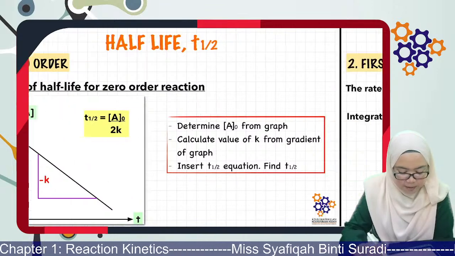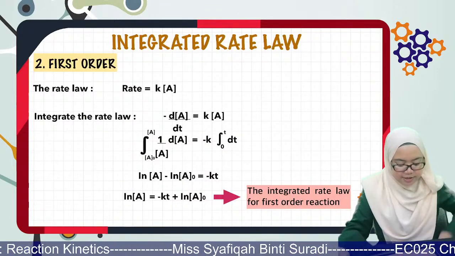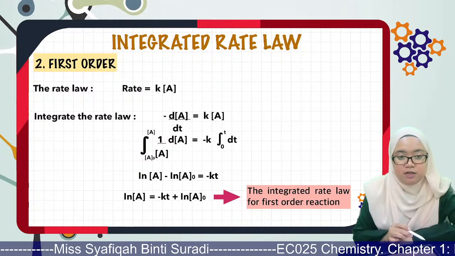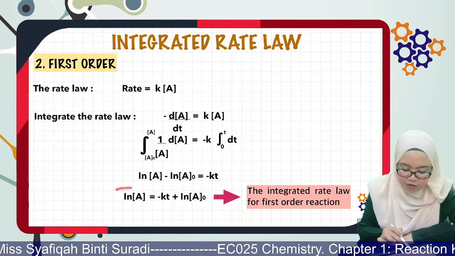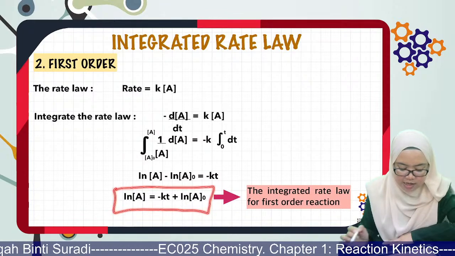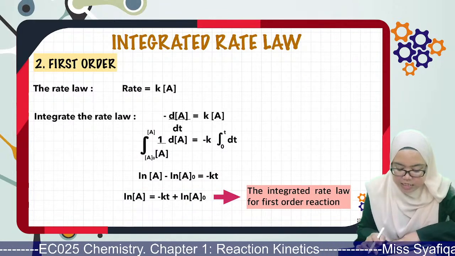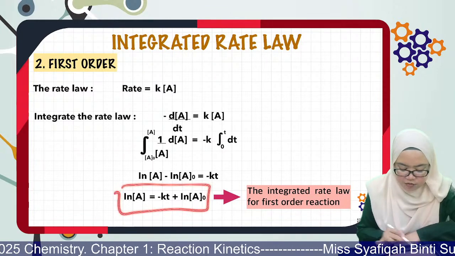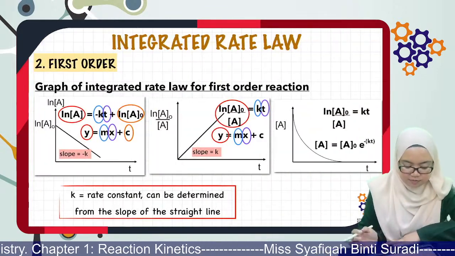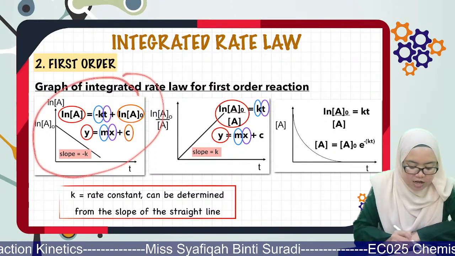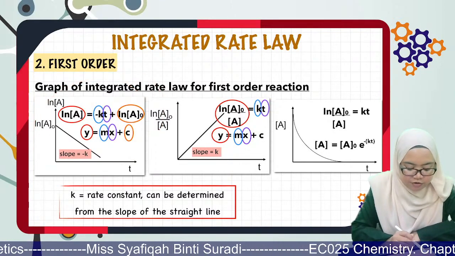Alright, so untuk first order, sama juga, awak kena integrate the first order punya rate law untuk dapat the integrated rate law, which is ln A equals to negative KT plus ln A0. Okay, so ini adalah kita punya integrated rate equation untuk first order. Alright, so untuk graph, kita tengok yang graph yang ini. So kita ambil directly from our integrated rate law tadi.